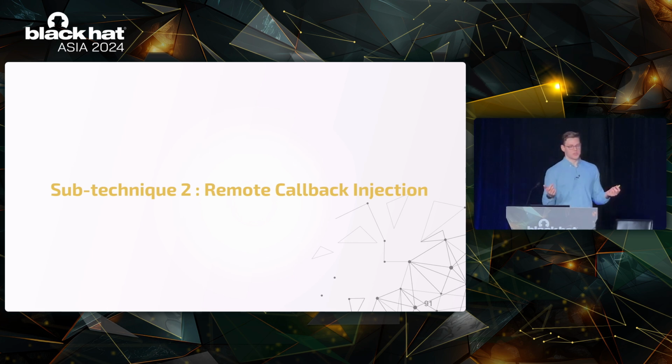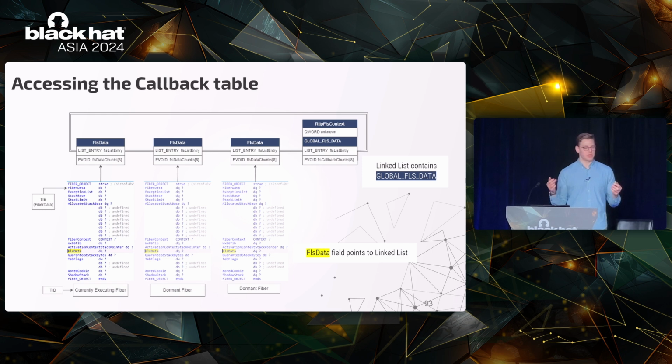The next method is remote callback injection. So first we need to collect the callback table of the remote process that's using fibers. And we do this through the FLS data pointer that we found in our dormant fibers. What this does is point to an entry in a linked list. And one of these entries doesn't actually represent a fiber object.